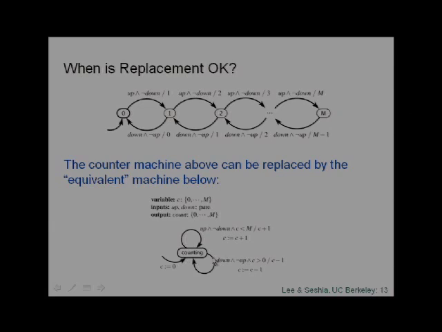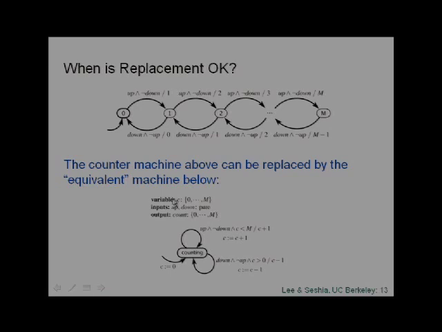Certainly the input output type signature is the same. You have 2 inputs up and down, both pure signals, and 1 output count, and count goes from 0 to m. So the types are exactly the same in this case, and in fact all the input output behaviors will all be the same. It's just a different notation for writing the state machine.